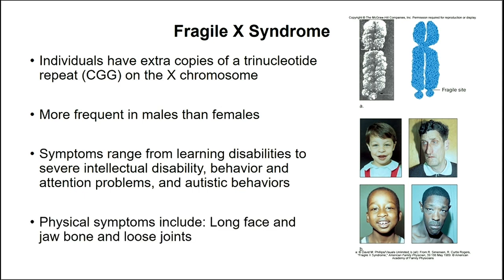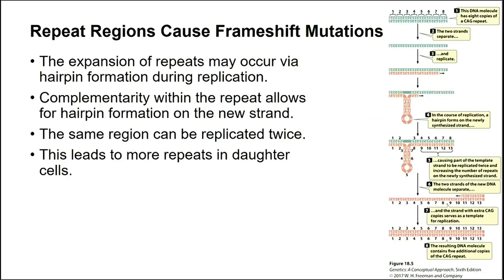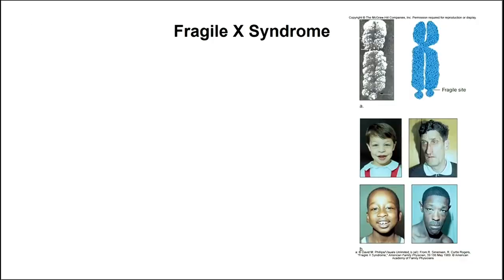They also have physical symptoms including loose joints and a very long jawbone. And this is due to a trinucleotide repeat that can expand and get longer due to template slippage and these repeat regions, right, in the DNA.